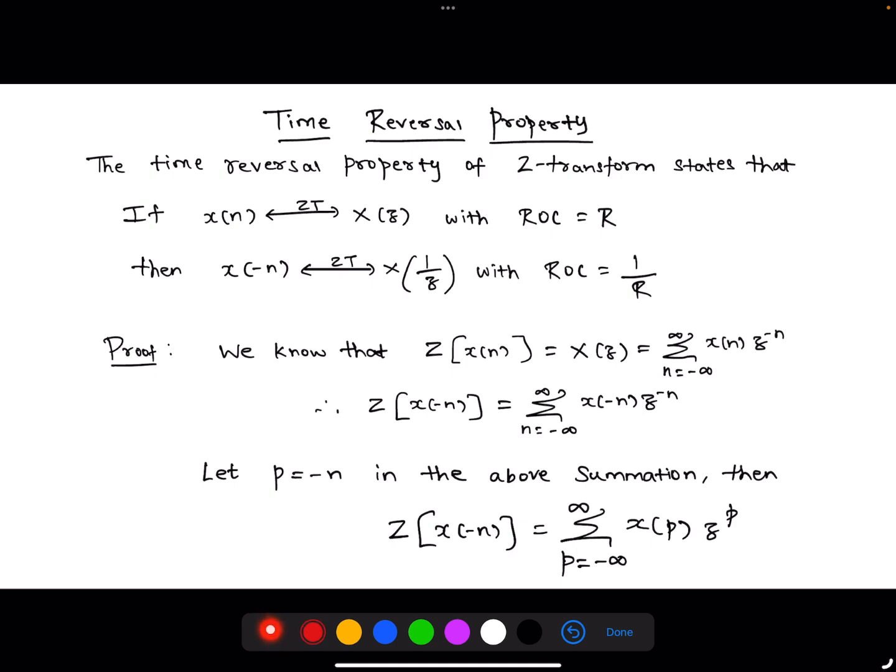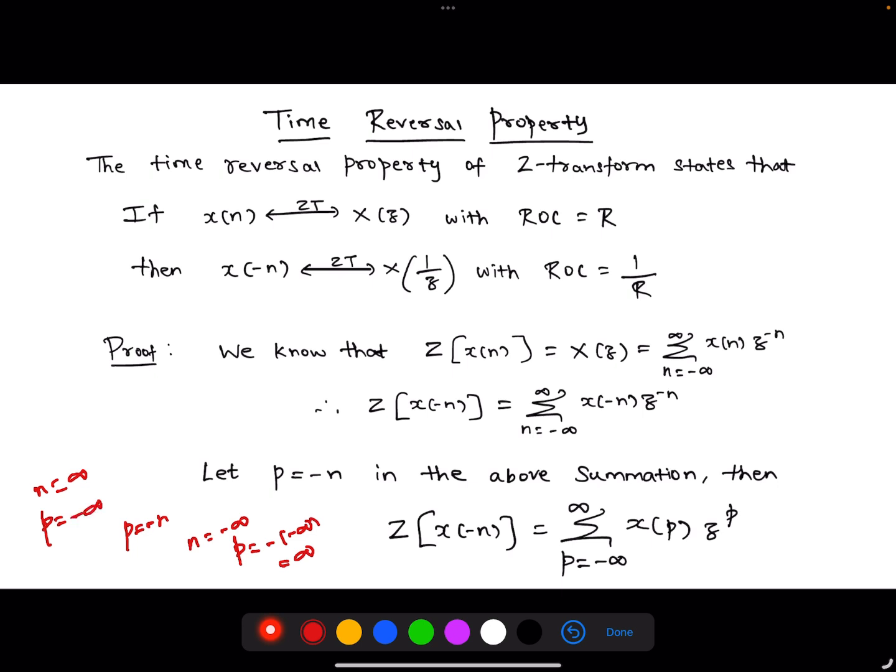Here you could see I'm going to replace p as minus n. So when you have minus infinity, what will be your p? p will be positive infinity. And when you have n value to be plus infinity, your p value will be negative infinity.